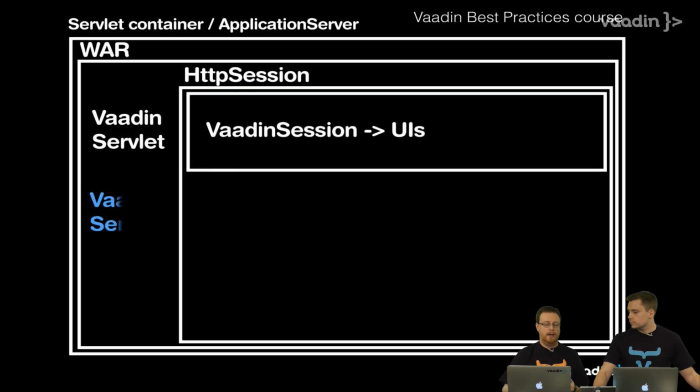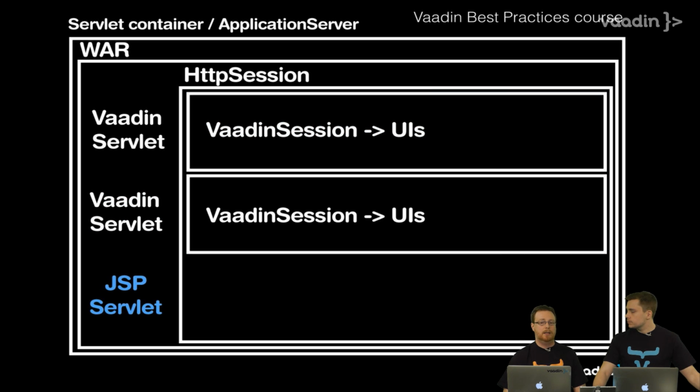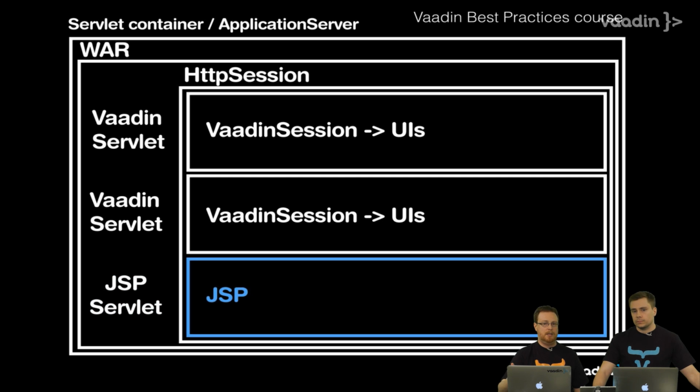But we can also add another servlet into the same WAR file. This way you can very easily put your Vaadin servlet inside your legacy application and have both running at the same time, and even share the HTTP session. So as you can see here, the HTTP session that underlies everything is actually common for each of these servlets, so you can share data between the applications.